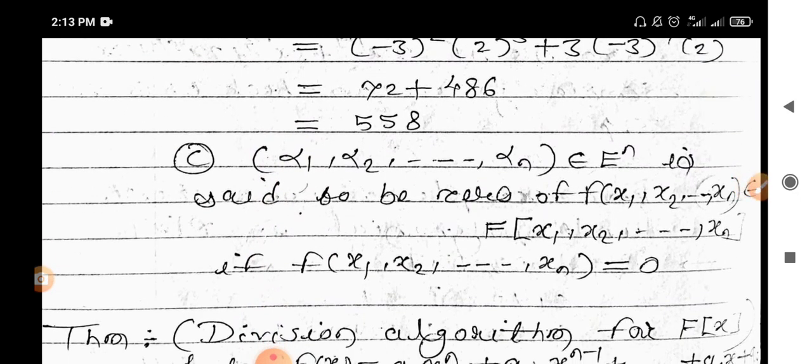Now to solve the C question. What is the C question? We have to define the concept of zero polynomial. What is a zero polynomial?